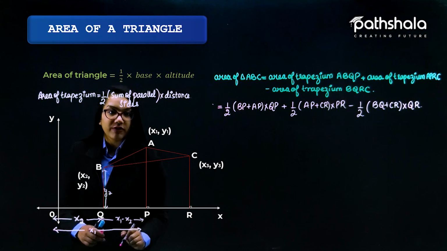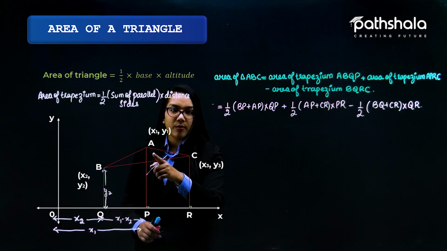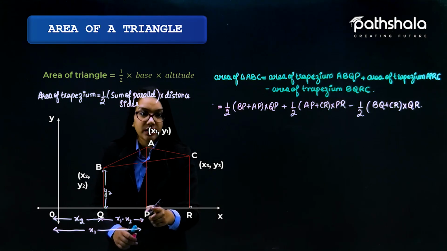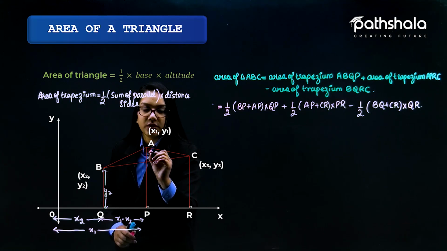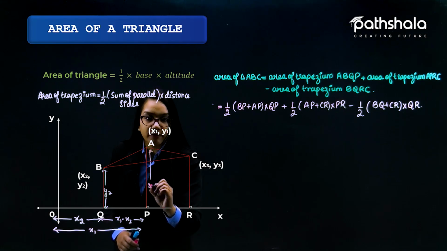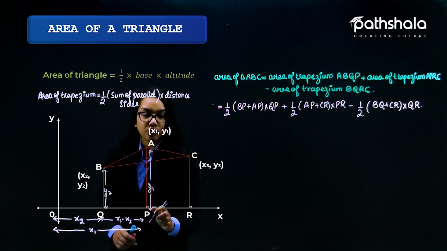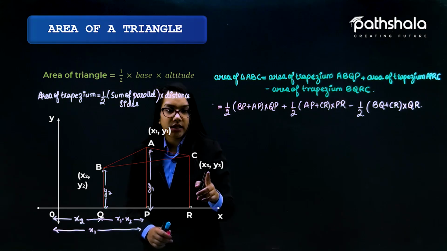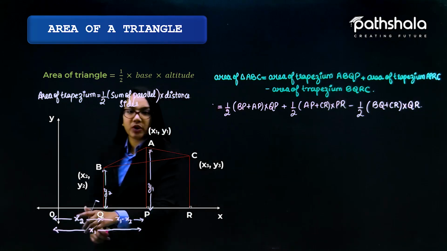Further, moving towards this particular A, we can see that this particular distance is nothing but y1. And similarly, if we move further, we have C's coordinates as x3, y3. It means R is at a distance of x3 from the origin.